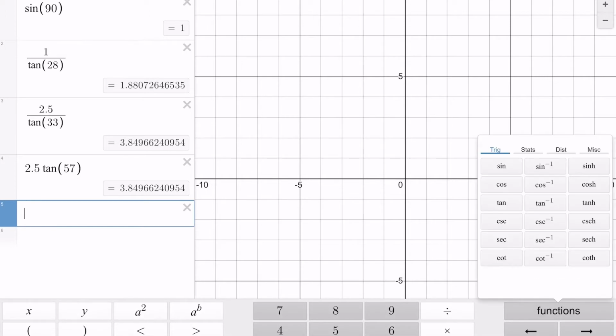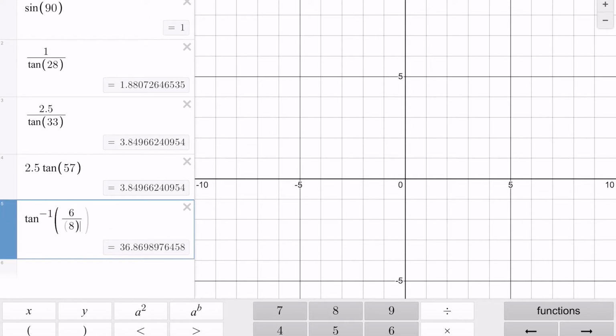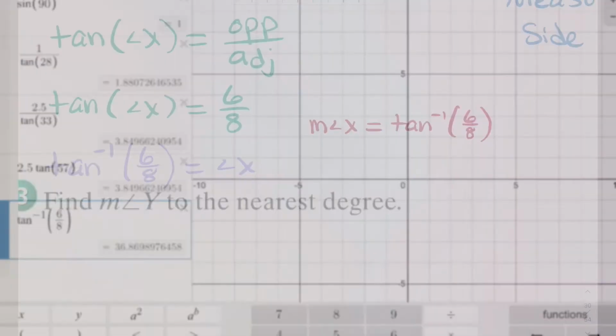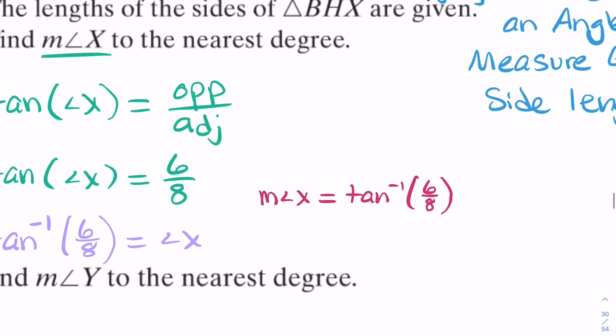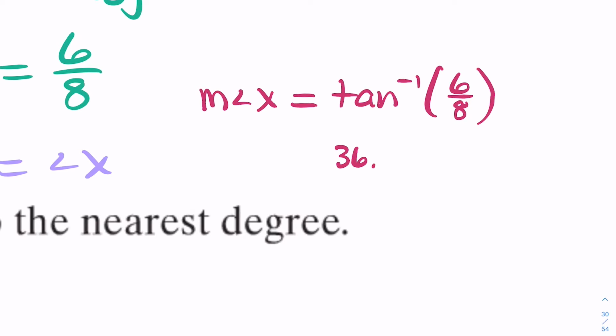I'm going to do tangent inverse, which is this one right here. Notice how it looks different. I'm going to do 6 over 8. And I get 36.869.